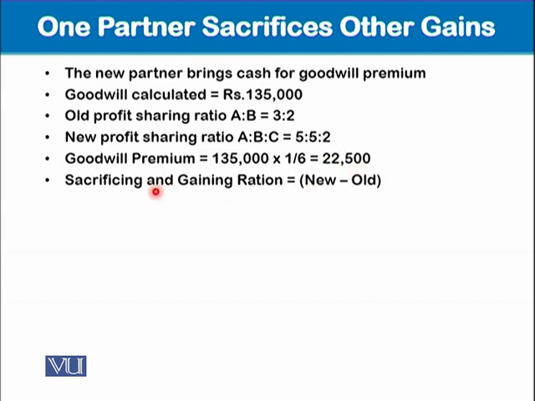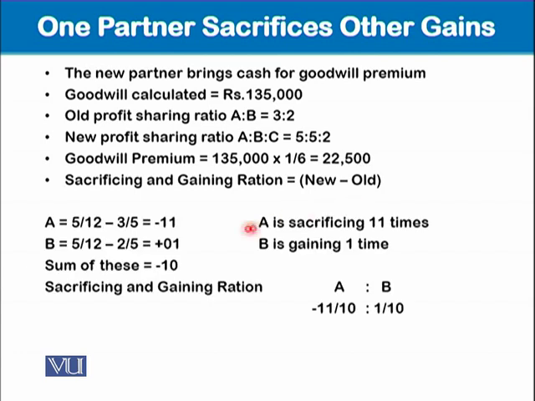The sacrificing and gaining ratio formula is new minus old. The new ratio for A is 5/12 minus 3/5, so A is sacrificing 11 times. Whereas B is gaining now.